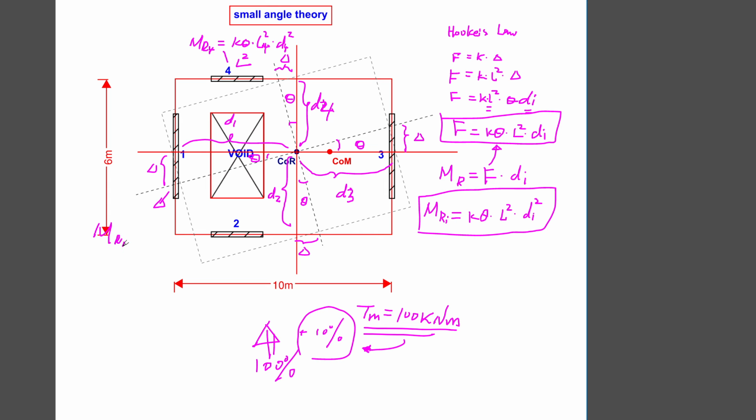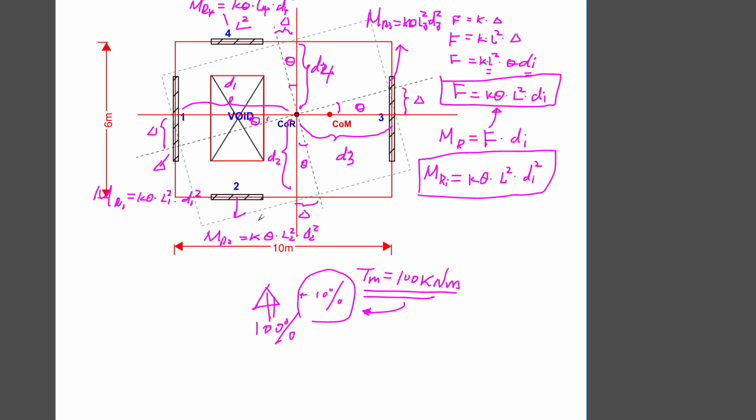So my wall 1 resisting moment is k theta times L1 squared times D1 squared. Same thing, we do wall 2, so Mr2 equals k theta times L2 squared times D2 squared. And we've got wall 3, the last one. So Mr3 equals k theta times L3 squared times D3 squared.